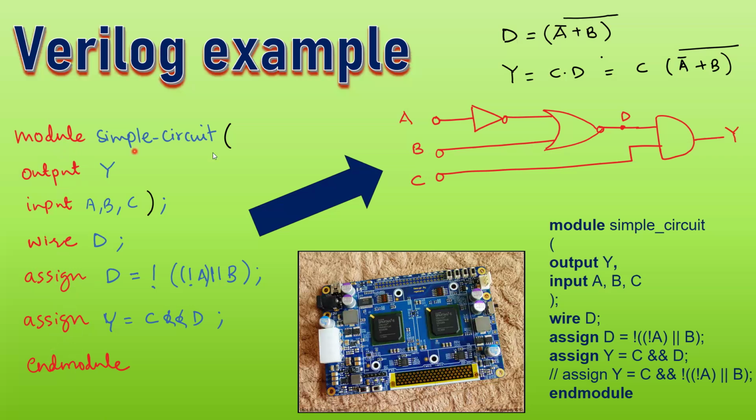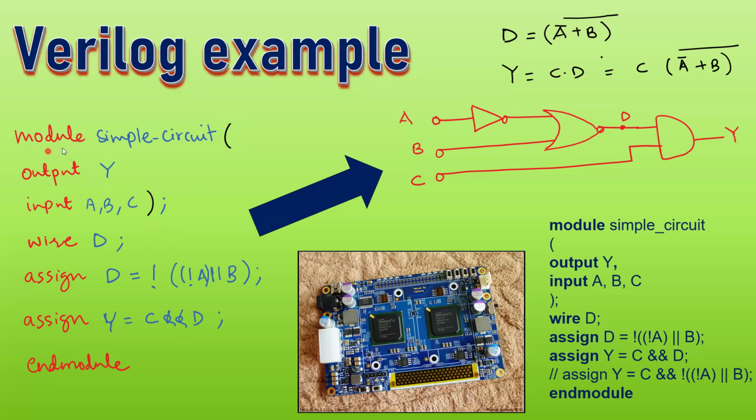The blue color indicates the syntax I am using to define the ports, define the wire, assign the statements, and all that. We'll see that one by one. Also, between the parentheses you will have the input and output ports of your circuit.